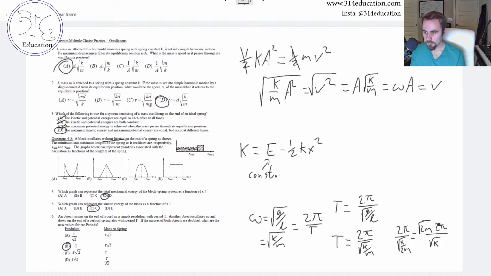Let's do that with just the 2, and we'll keep the k over m on the bottom. And so now this term is equal to our original t. And so we see our new period is equal to root 2 times our old period, which is the option we had for B. So B is our best choice there.